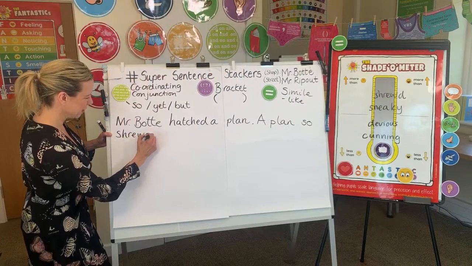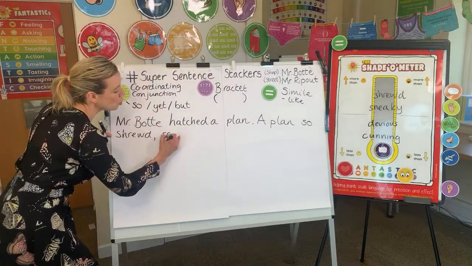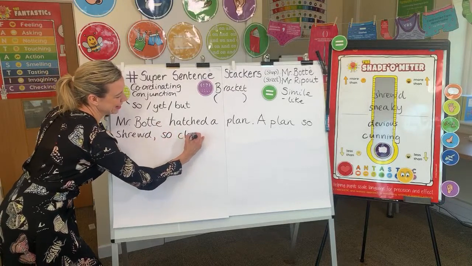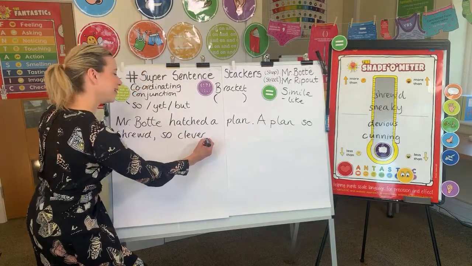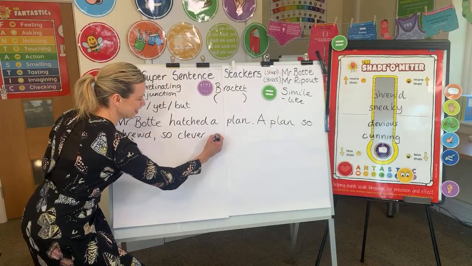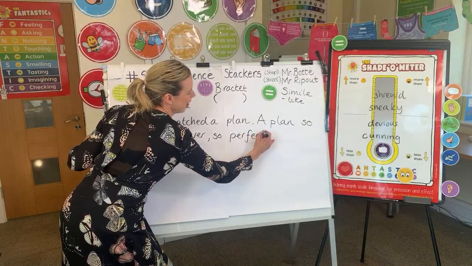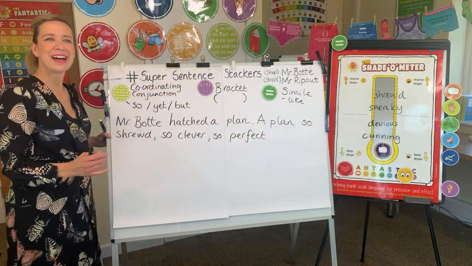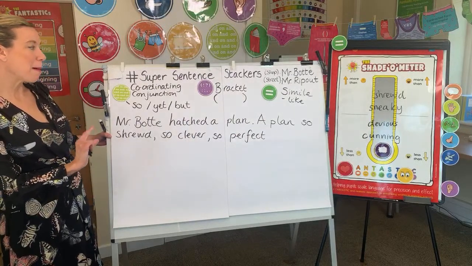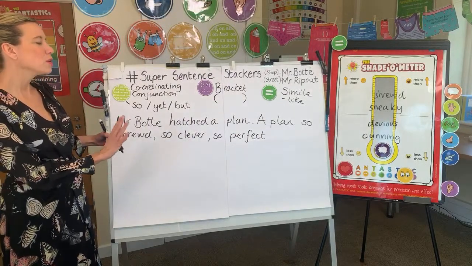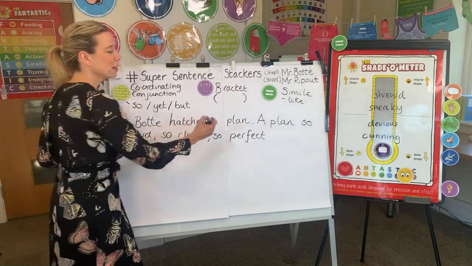That's good. I'm going to now repeat that. So clever. And I'm going to repeat that again. So perfect. Mr. Bot hatched a plan so shrewd, so clever, so perfect.